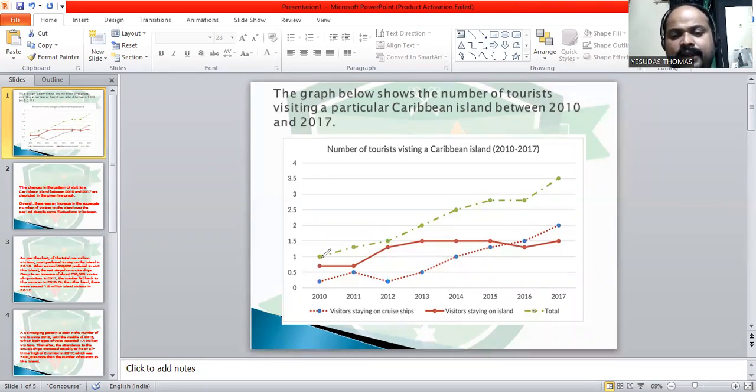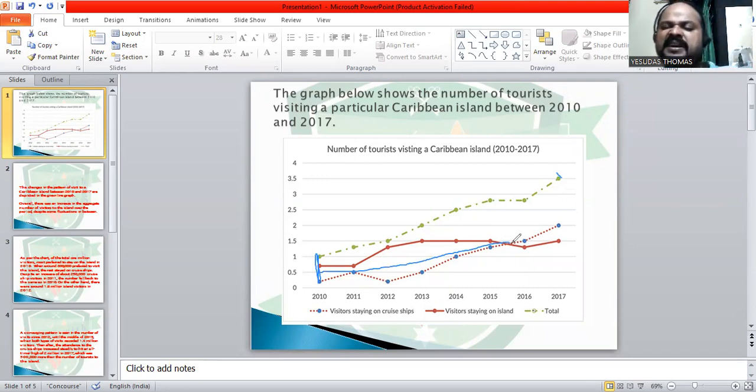When we go further and see here, from this point, from 1 million, the number grew to 3.5 million in just 7 years. You can say all through the years from 2010 to the mid of 2015, more visitors were there who stayed on the island.